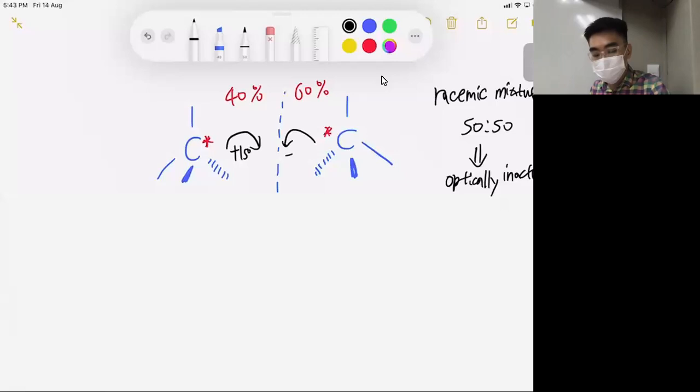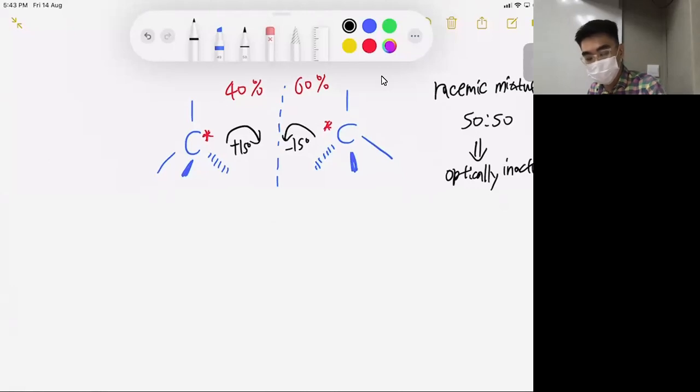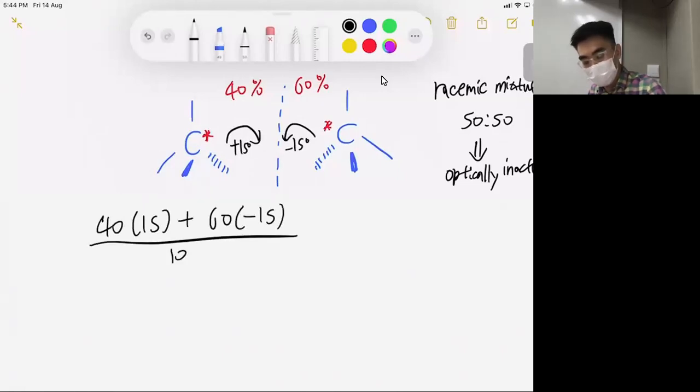Of course, we will tell you this in the question. This formula is the same as what I introduced to you just now. You take 40 times 15 plus 60 times negative 15, divide by 100, to give the overall angle of rotation.